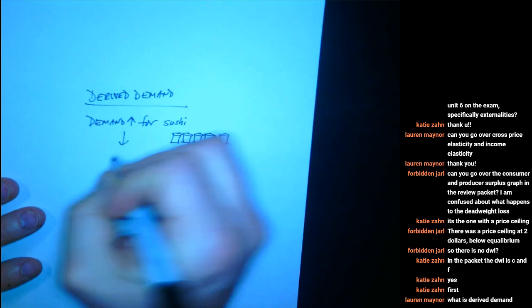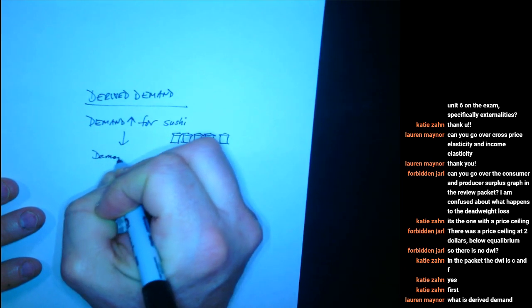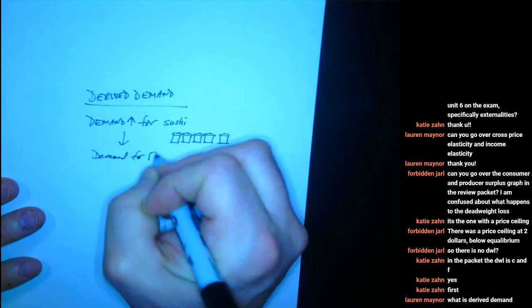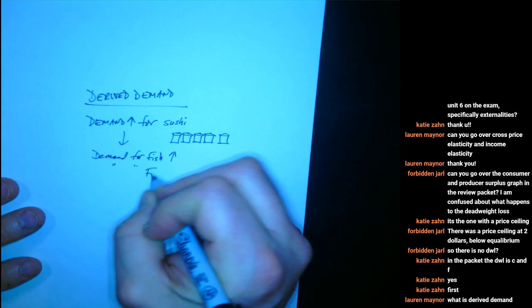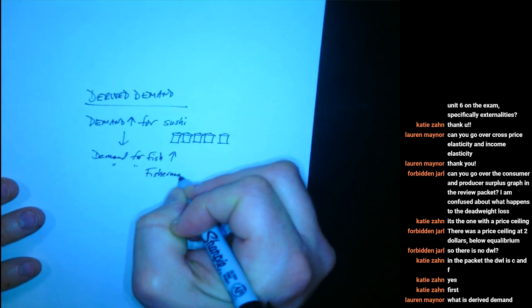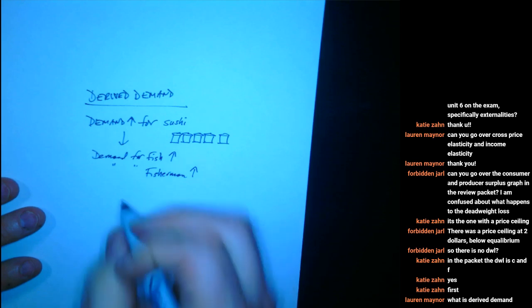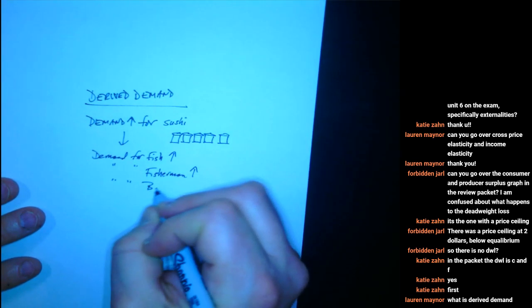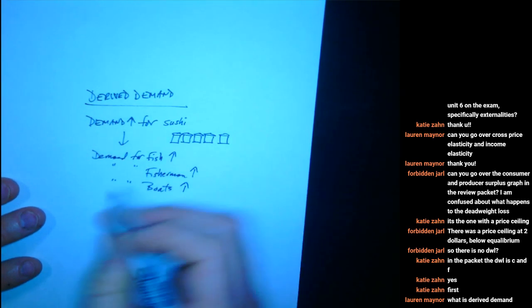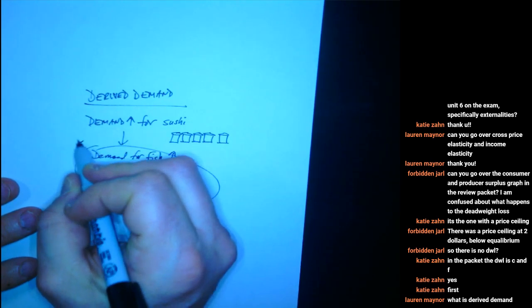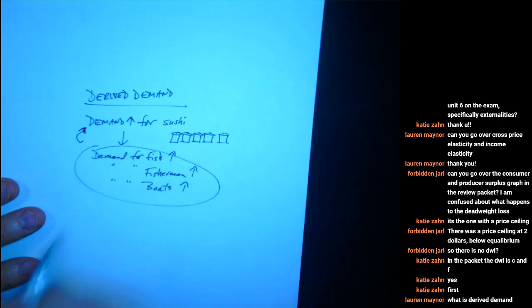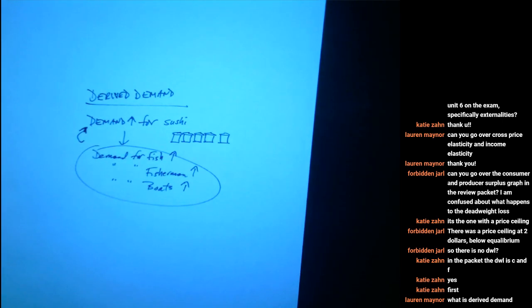What that's going to do is lead to a demand for fish. It's going to go up. Demand for fishermen is going to go up. Maybe demand for boats. All of this is derived from demand for sushi. So it causes other things to be demanded as well.